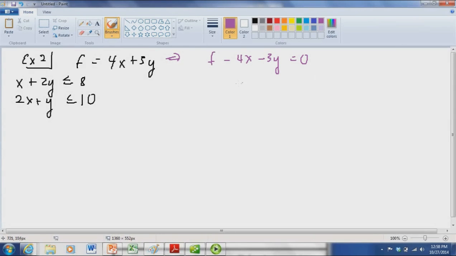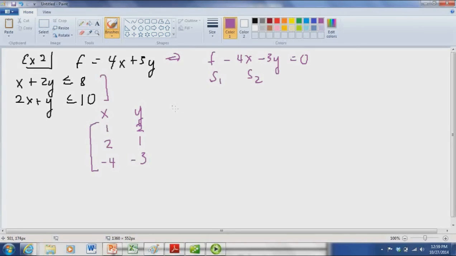Next thing, identify how many slacks you have. 2. S1, S2. How do you know that? You've got two equations. So you've got 2 slacks. All right, so now we're going to set it up. We have our x, and that's going to be a 1, a 2, and a -4. Our y's, a 2, a 1, and a -3. Do I have any z's? No, not in this one.